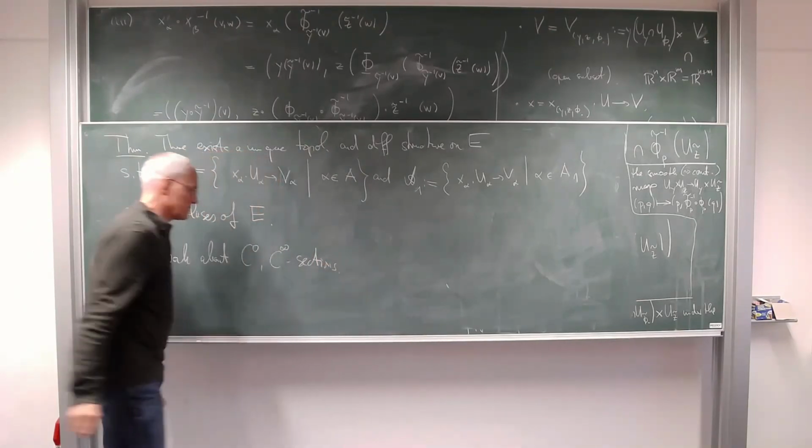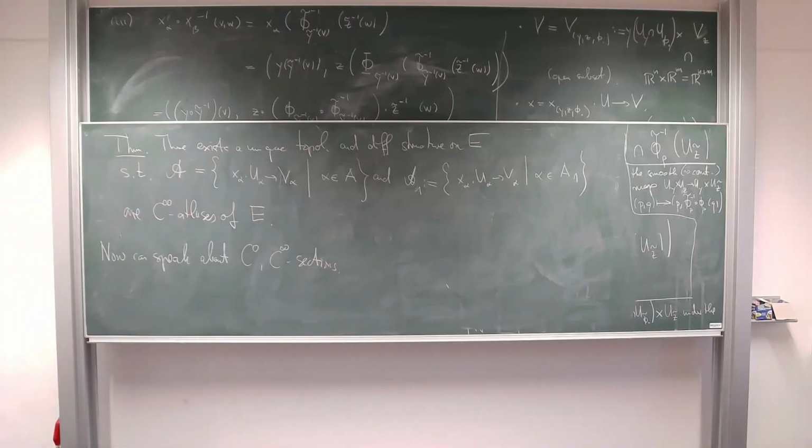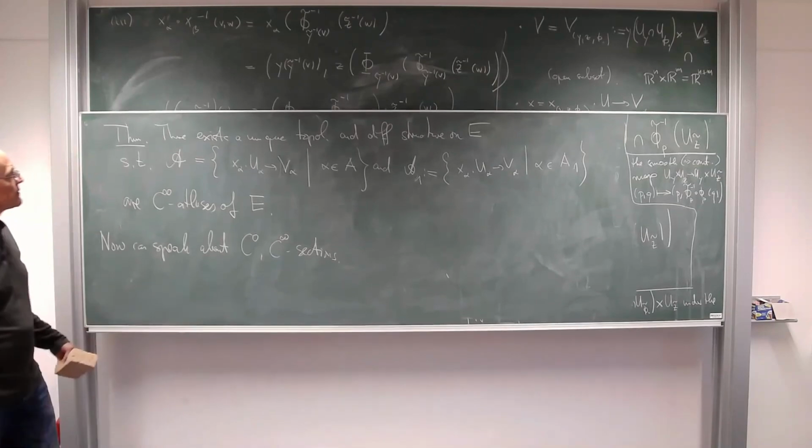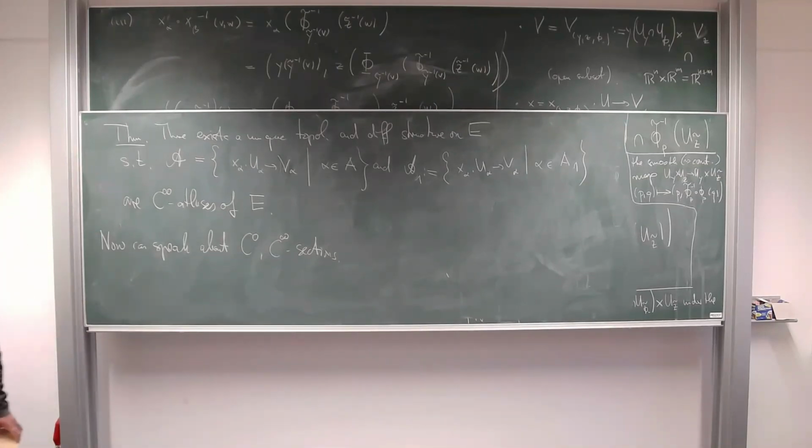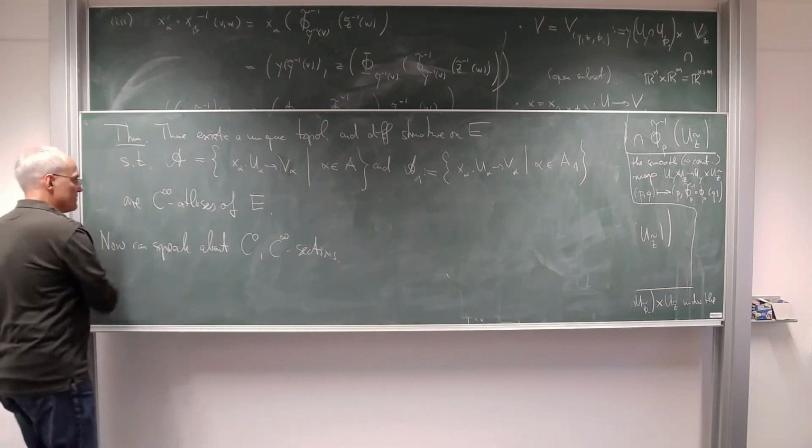Or you could also talk about CK sections when K is 5 or something. This is all defined on smooth manifolds. Now sections are maps between smooth manifolds, from manifold N to manifold E.